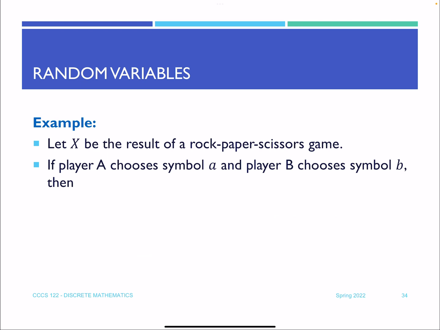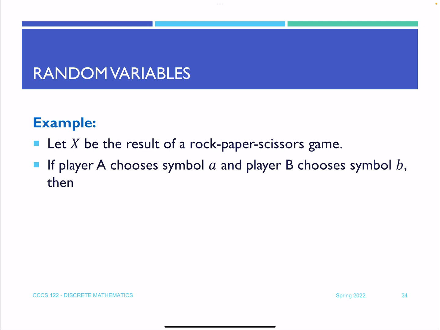So, like I mentioned, random variables are typically denoted by uppercase letters. So, let's say X. Let X be the result of a rock paper scissors game. You know the game. You've probably seen it in The Big Bang Theory, or a variation of it.